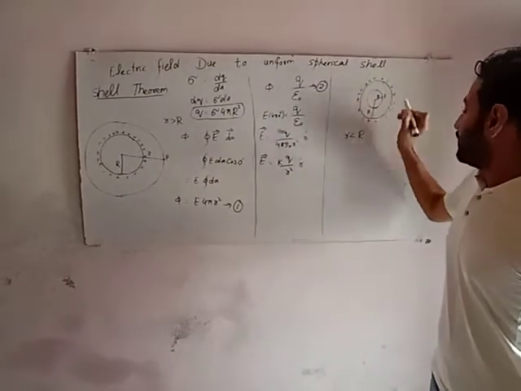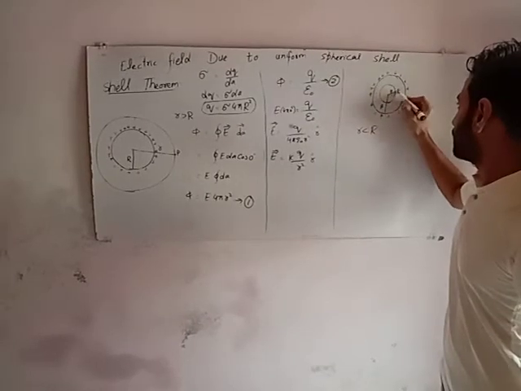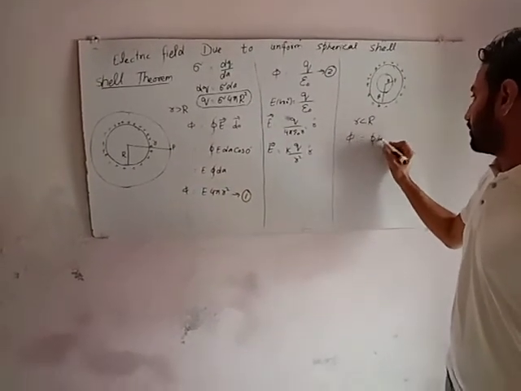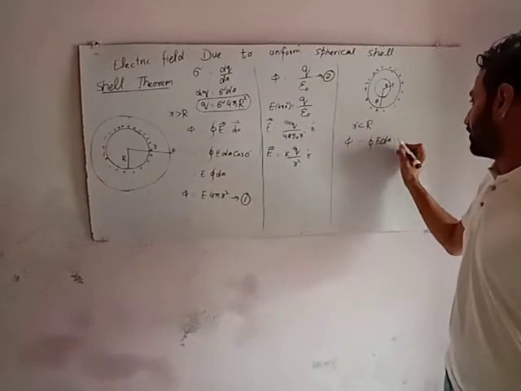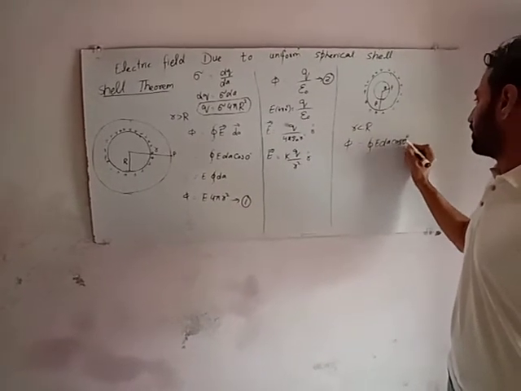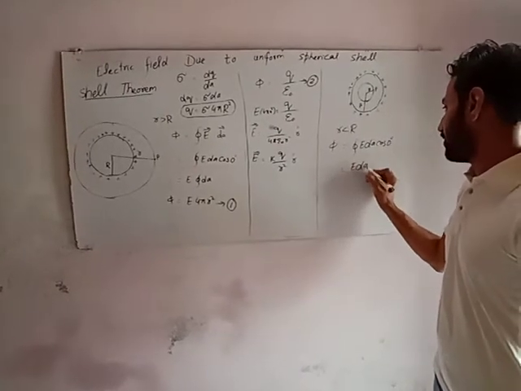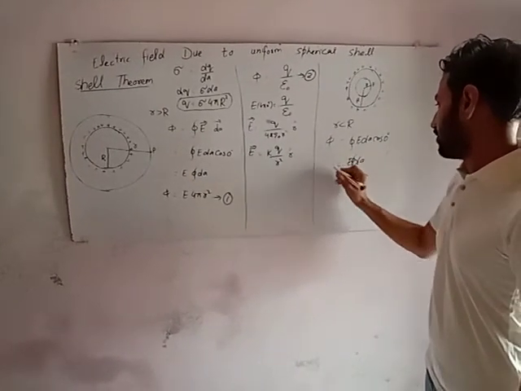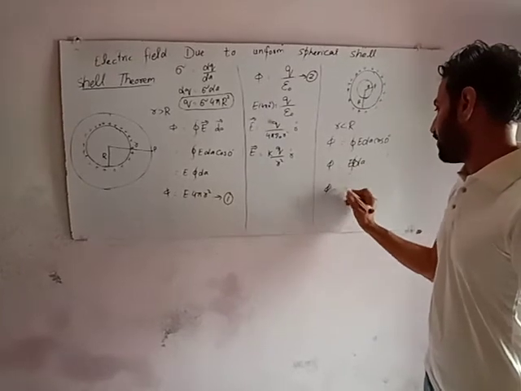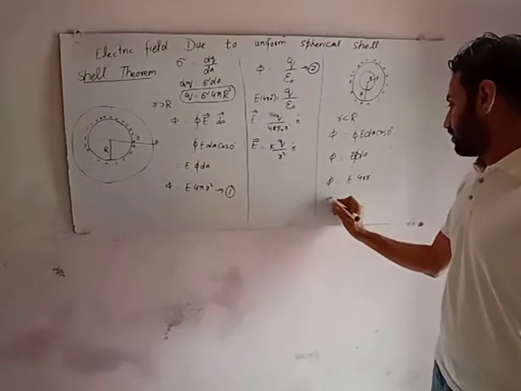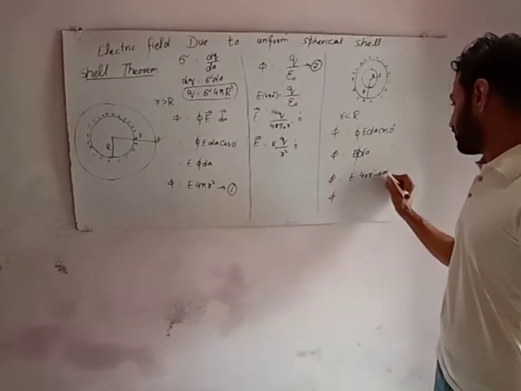This is point P. Again we will use this formula, integral of E dA cos 0. Again the angle between them will be 0 degrees. So flux phi will be E times 4 pi r square, equation number 3.